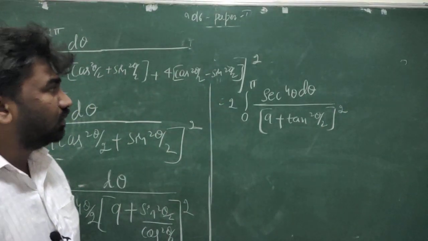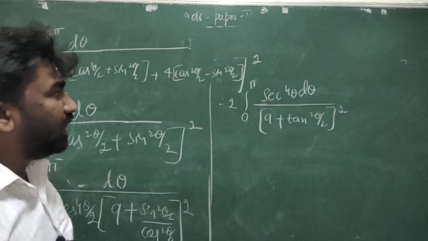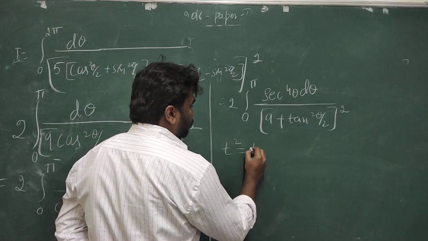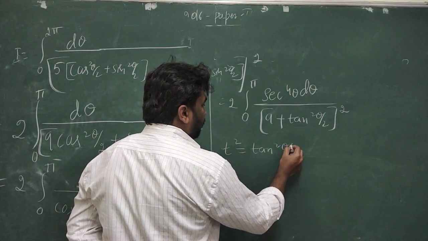Next, let us take t square equal to tan square theta by 2.